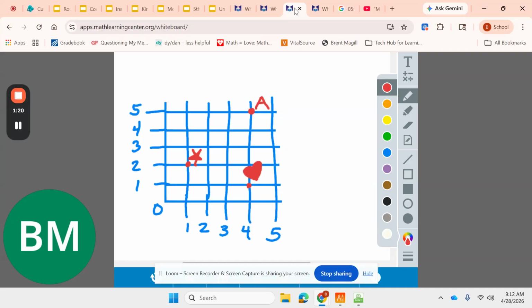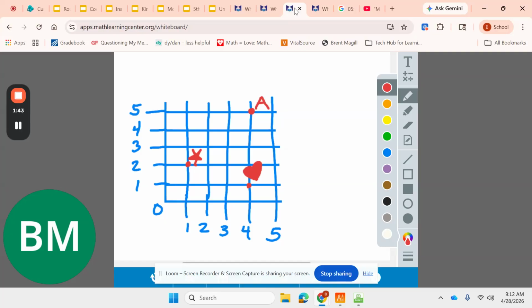So for this first coordinate grid that I have up here, let's think about where the star is. You can see the star, and you might say, well, it is up 2 and then across 1.